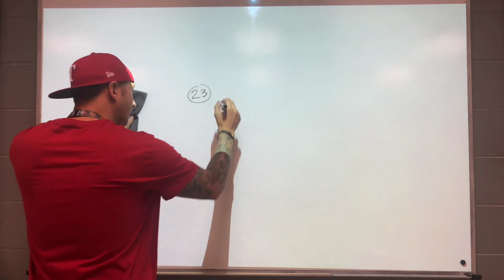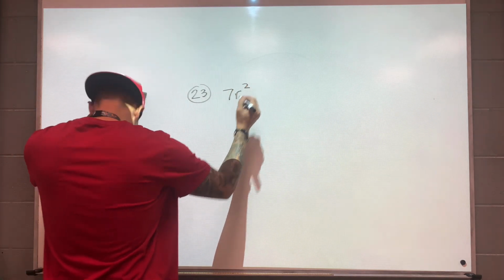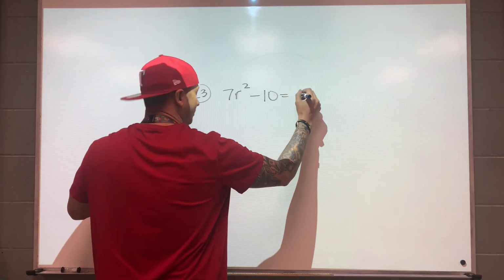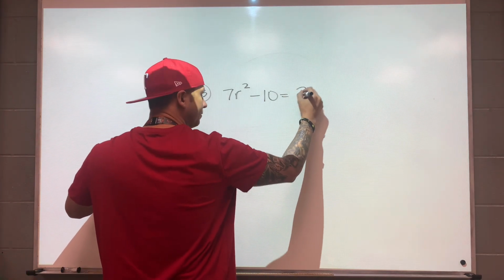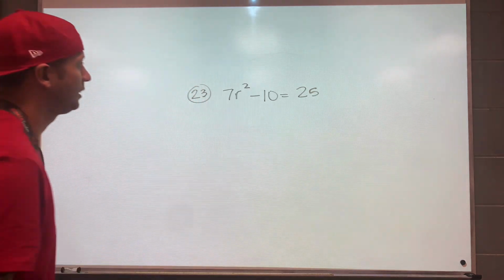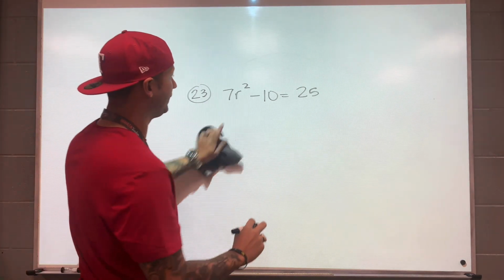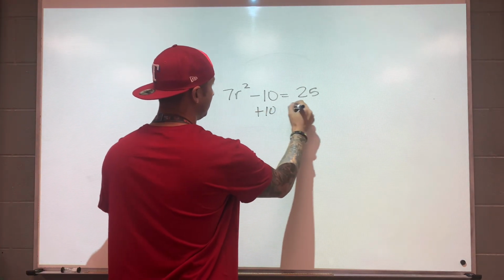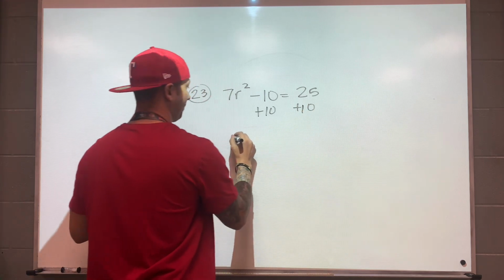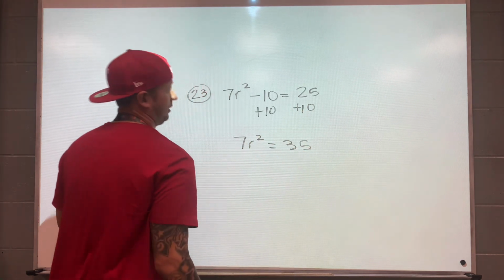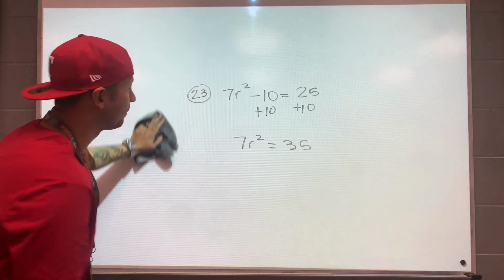Number 23, 7r squared minus 10 equals 25. Okay, a couple more operations that we have to do. All right, so I'm going to add 10 to both sides. That's nice. 25 plus 10 is 35.